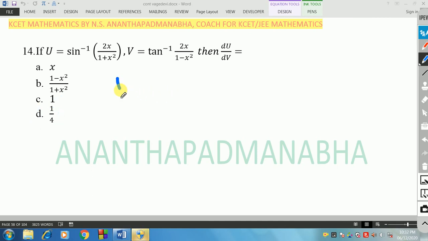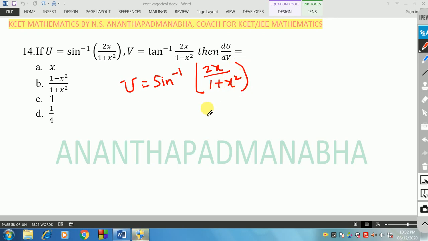So now let us consider u, which is u is equal to sin inverse of 2x by 1 plus x square. So this is nothing but 2 tan inverse x. You can recall formulas from inverse trigonometry.